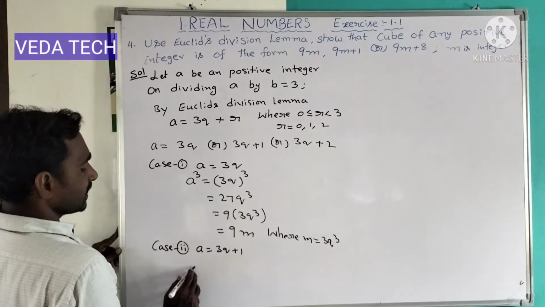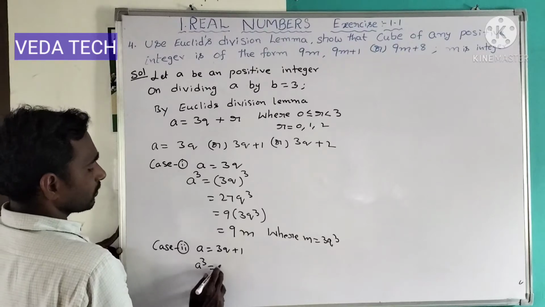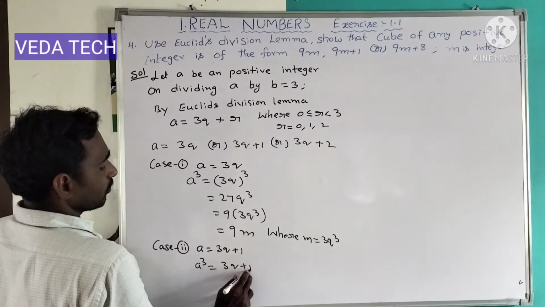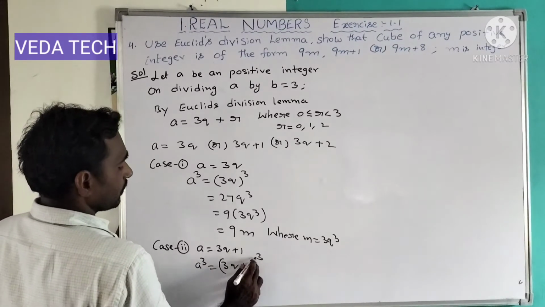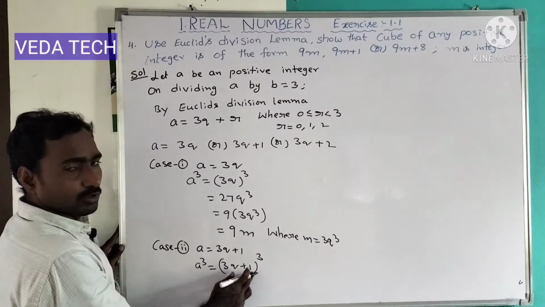Cubing on both sides, a cube is equal to 3q plus 1 whole cube. This is in the form of x plus y whole cube.